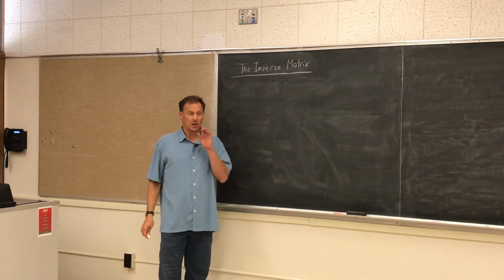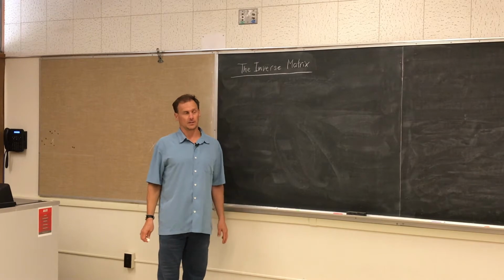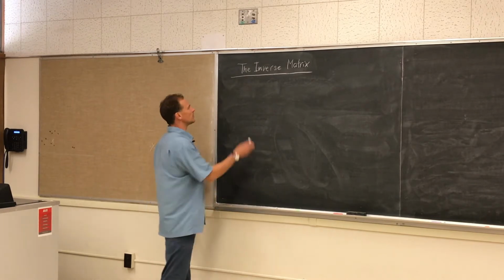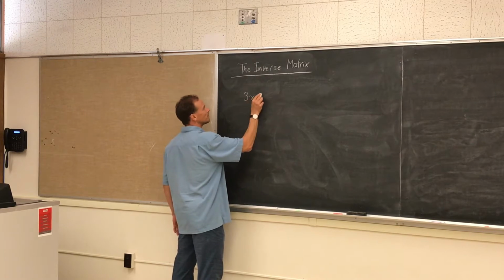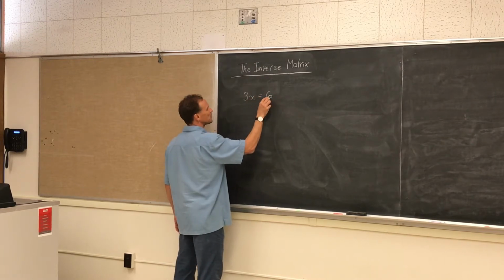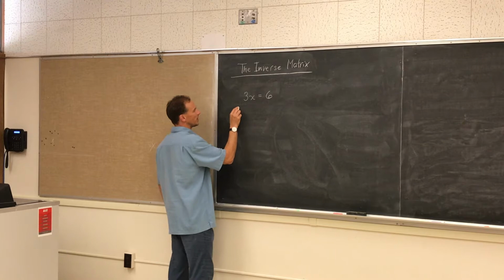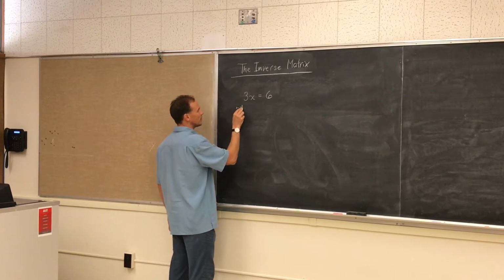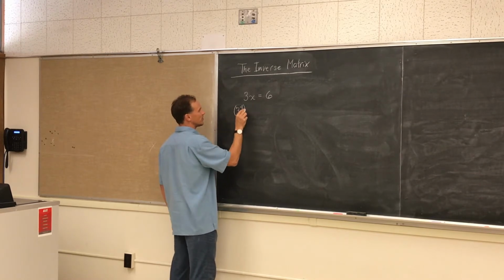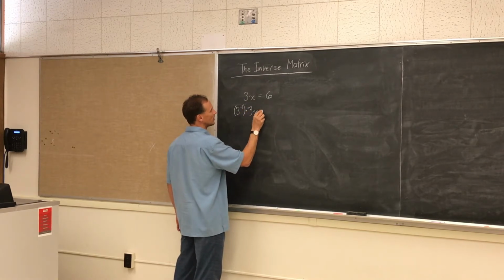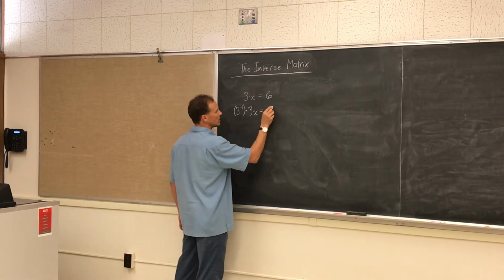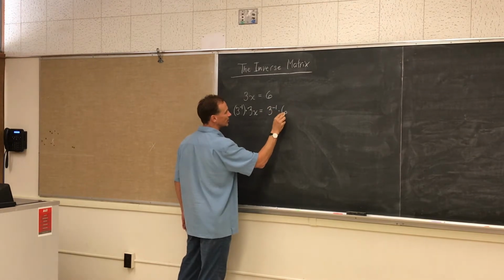So I want to do a review of the idea a little bit. We did this before, but let's just take one more look. Remember what we said? If you have a problem like 3x equals 6, you can multiply by the inverse of 3 times 3x to get 3 inverse times 6.